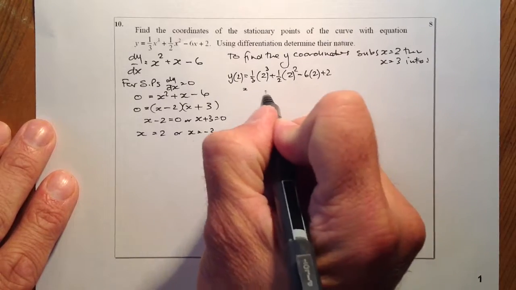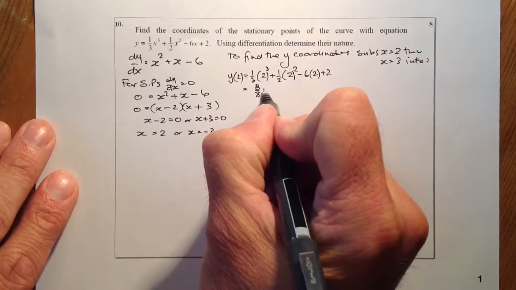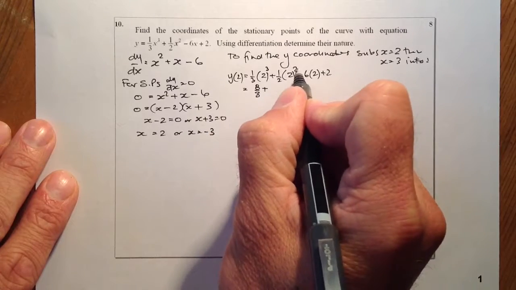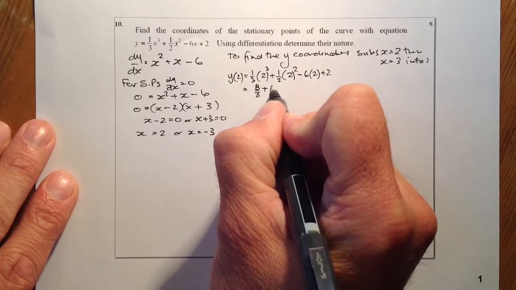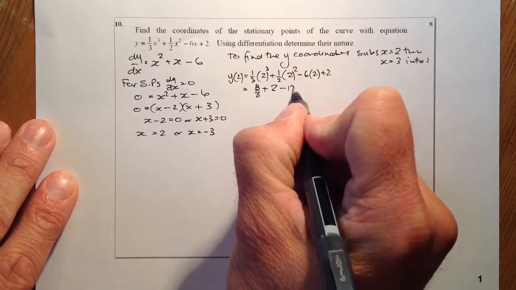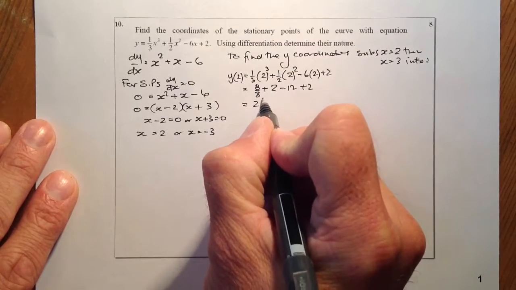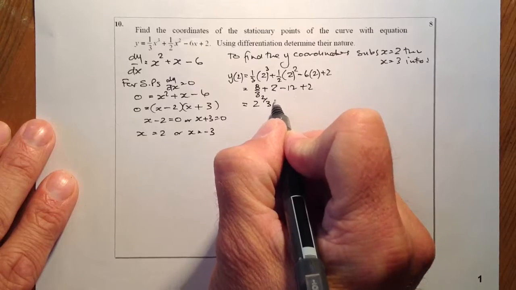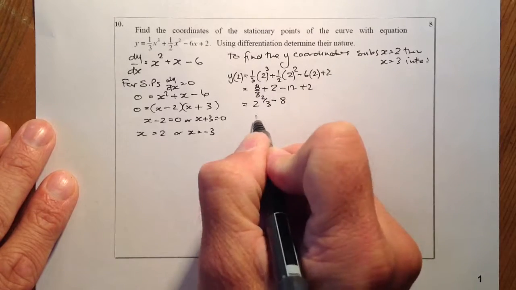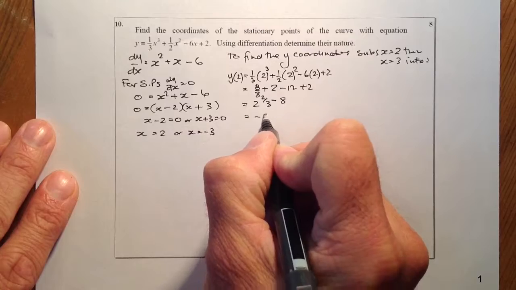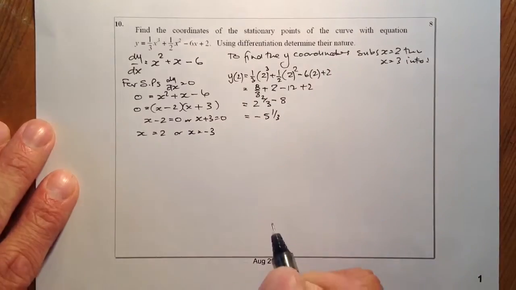So just to sort this out, I've got 8/3 here, I've got 4, half of 4 is 2, minus 12 plus 2, just working that through, that's 2 and 2/3, minus 8, and that should give me minus 5 and 1/3 coming out there.